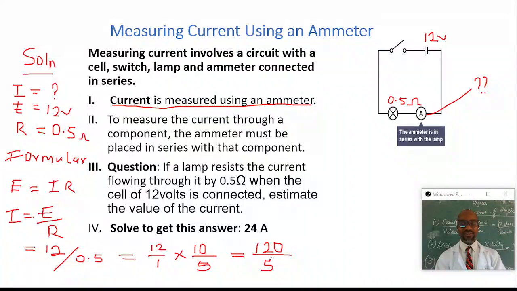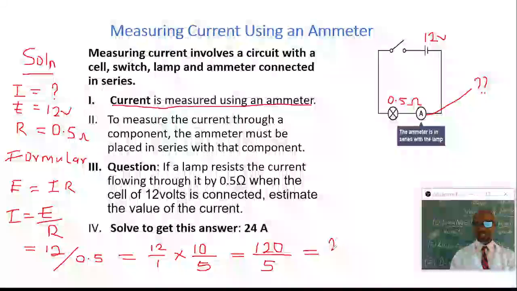And then we now have 120 divided by 5. Very simple. So you can see how we can solve to get the value of current being measured by this ammeter. By the time we say 120 divided by 5, we have 24 amps, okay? 24 amps.